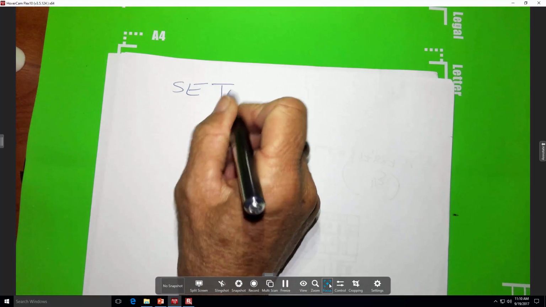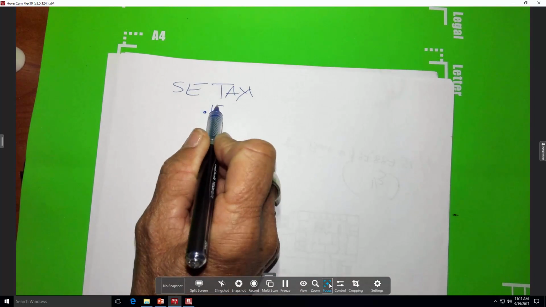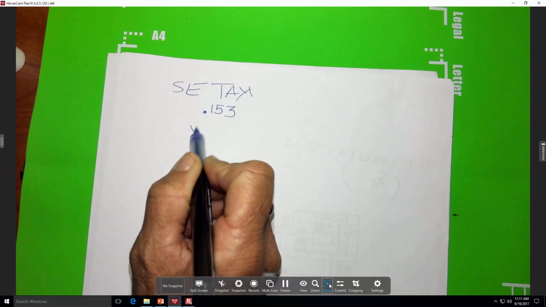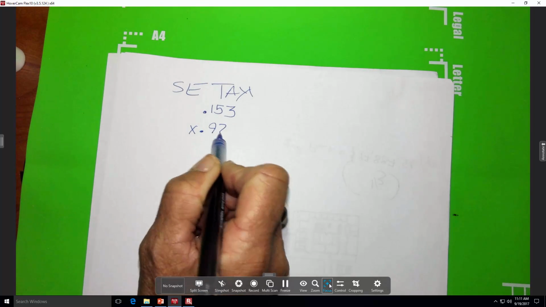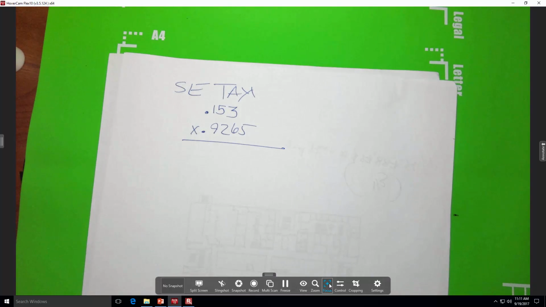Okay, SE tax. It seems to be when I write that it throws it off. So it's 0.153, right? But if you recall, I put this up on the board. To calculate it for purposes of your manual recap, you have to multiply by 0.9265. That shows up on your tax return.